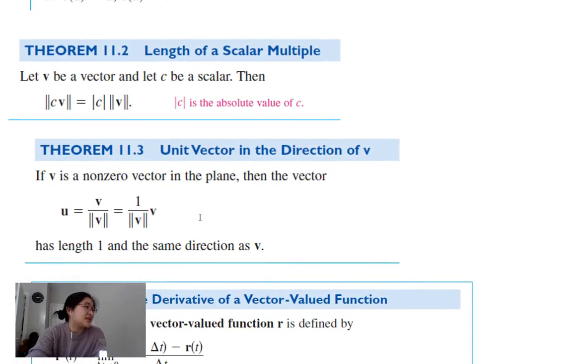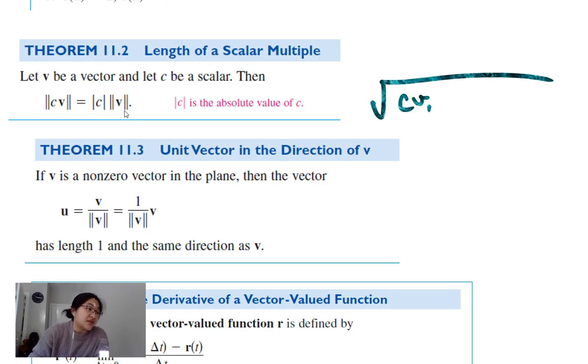There's a couple more things. If c is a scalar and you're looking at the magnitude of your scalar times your vector, then you can just scale up the magnitude of the vector without doing the whole square root thing.